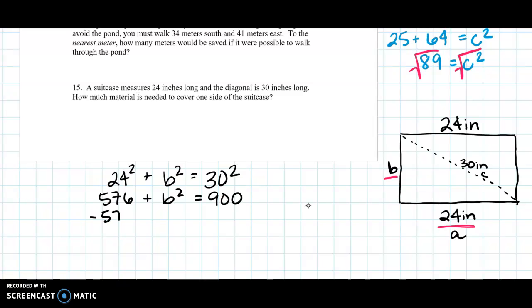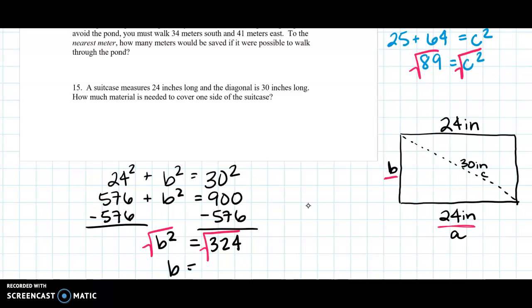We can subtract 576 from both sides to tell us that B squared is equal to 324. To undo my square, we take the square root. 324 is a perfect square. B is equal to 18 inches.